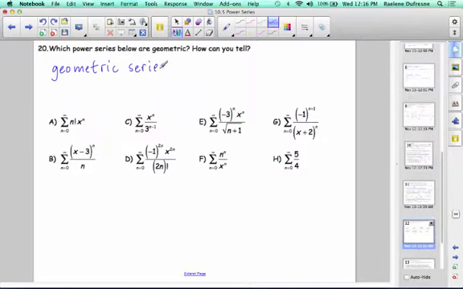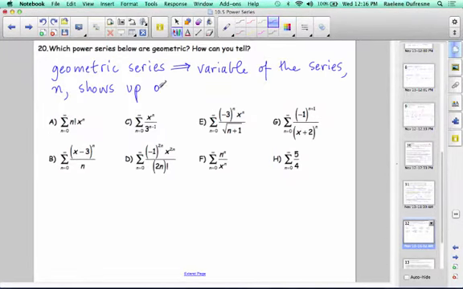So geometric series implies that the variable of the summation, or variable of the series, which is n, shows up only in the exponent, meaning there is a base, which is not n, and then we have an exponent.